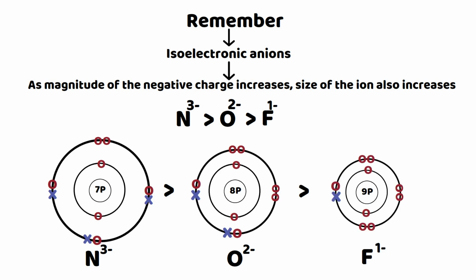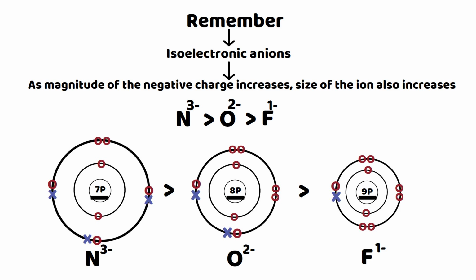The difference in sizes of N3 minus, O2 minus and F1 minus ions can also be explained in form of different number of protons present in the nucleus of these ions. All these ions have the same electrons but different number of protons. N3 minus ion has 7 protons, O2 minus ion has 8 protons and F1 minus ion has 9 protons.